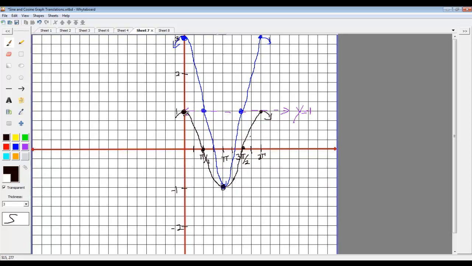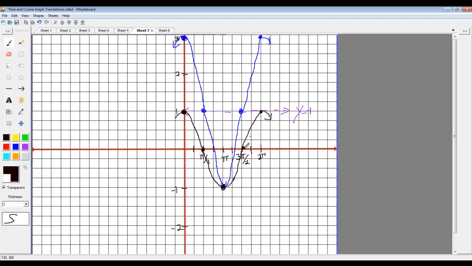So not only did it shift up 1, but you can also think about it as: multiply by 2, this goes up to here, but then you still have to shift up 1 to go here. Multiply by 2, this stays put, but then shift up 1 to go here. Multiply by 2, you would get here, but then you have to shift up 1 and get back here.